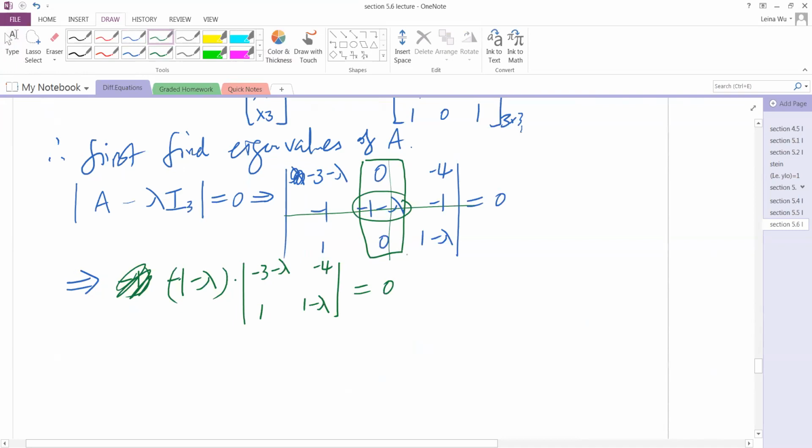Is that correct? So we would have -1 minus lambda, and we can do cross multiplication. So we should have -3 minus lambda times 1 minus lambda, subtract 1 times -4, which is -4, should equal 0.